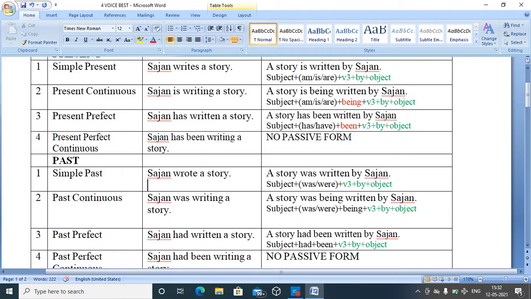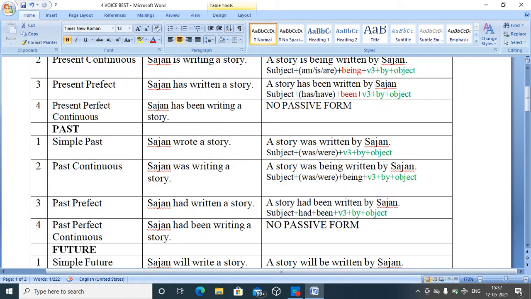Only one tense takes that main verb form, V2, which is simple past. So write, wrote, written. From that, you can easily identify this to be the simple past active voice statement. Then "a story": the object of the main verb is a story again. We take it consistently to make things simple. That's all.